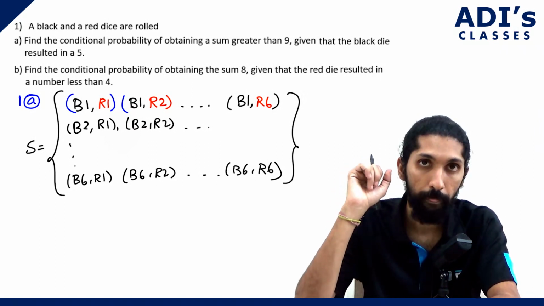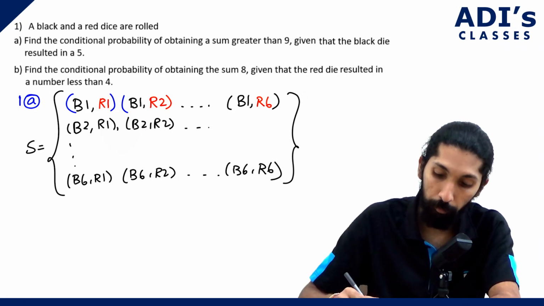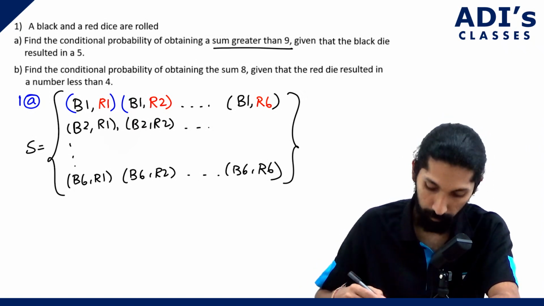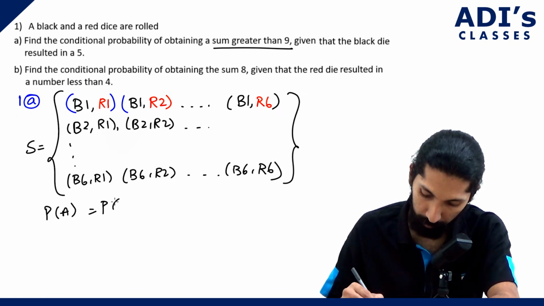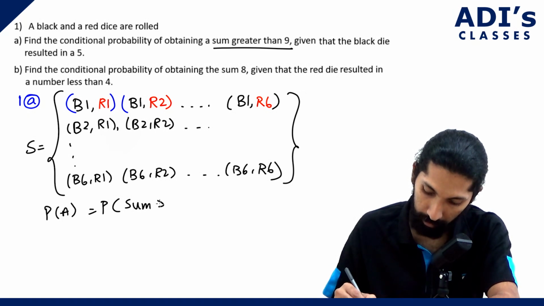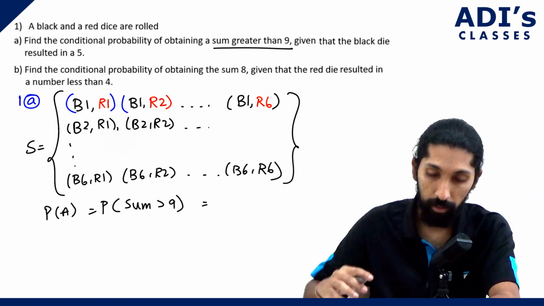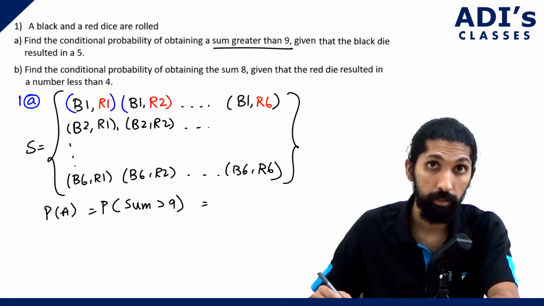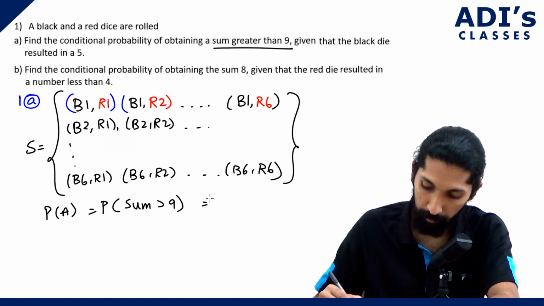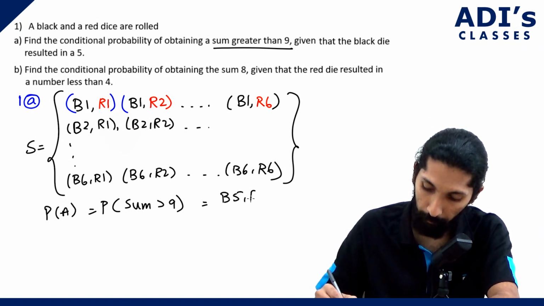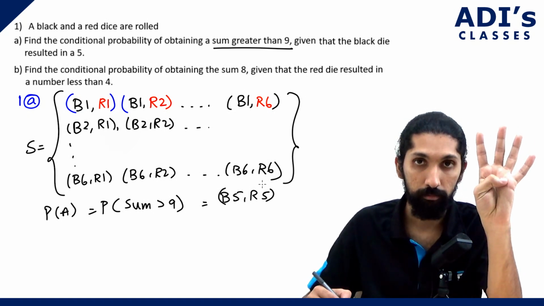Make sense? Okay. Now find the conditional probability of obtaining a sum greater than 9. So P of A is the probability of sum greater than 9. If the sum has to be greater than 9, what are the possibilities? We can start with 5, 5, that means B5, R5, then 5 and 6.